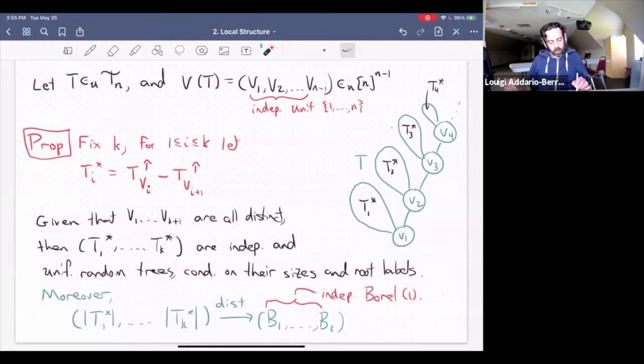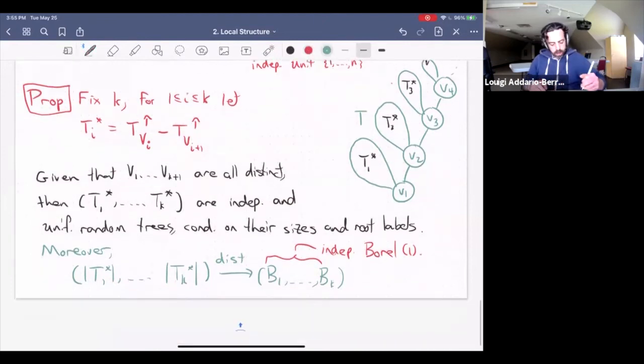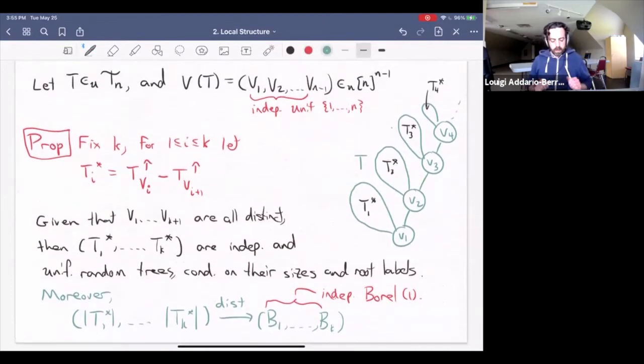The question is to understand really why we again get Borel distributions at the end here. Okay, so this is what I'm going to focus on. Any questions? Any other questions I can answer before I start explaining why we have this structure near the root of our large random tree?